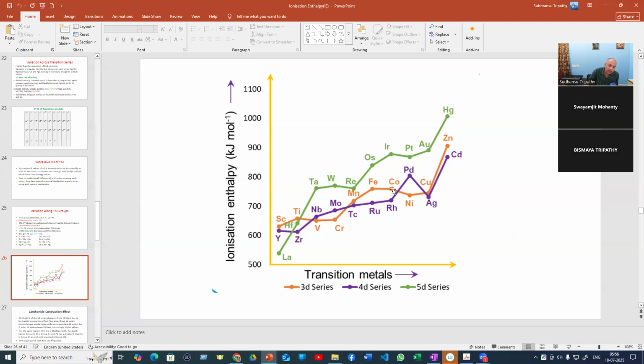In the platinum group, platinum is greater than palladium greater than nickel, increasing down the group. Gold is an anomaly and is the highest, then copper, then silver. Copper to silver decreases, then it suddenly increases in the third series, and zinc group too.